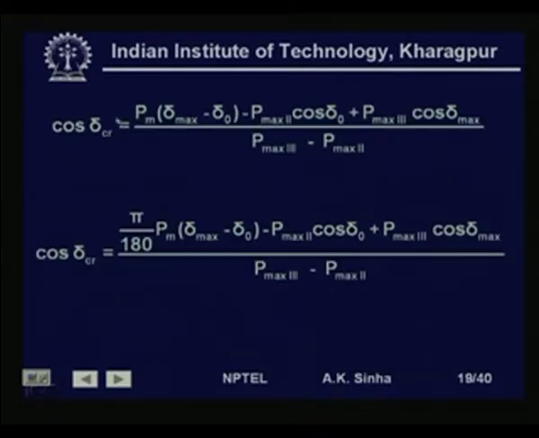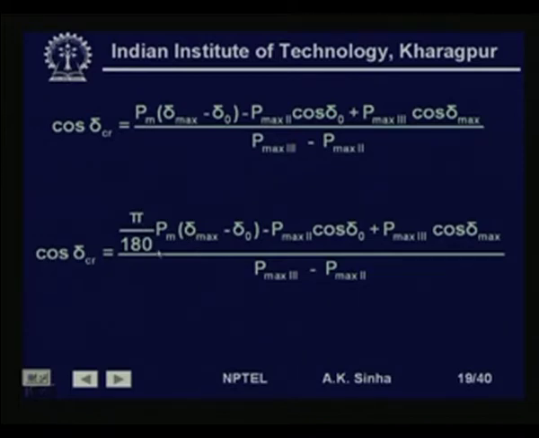Now, this angle that we will get from here will be in terms of radians. If we are using degrees, then we will have to multiply it with pi by 180. So, for cos delta critical, if we are using delta max and delta 0 all these as degrees, then we have to convert them into radians.